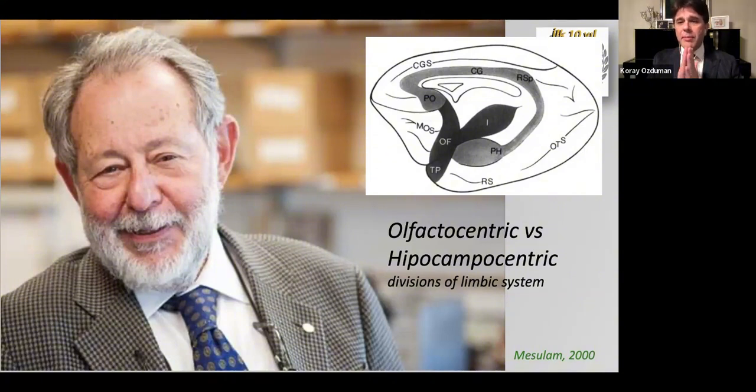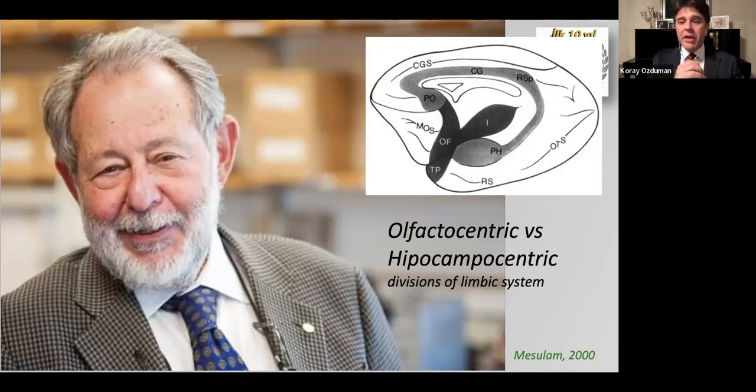The olfactocentric portion was the portion that Paul Yakovlev had described. And this portion is concerned with getting the smell and getting emotions about it, like getting hungry and maybe feeling the beautiful smell of the cookies that your grandmother made for you in your childhood. So these memories should have an emotion related to them.